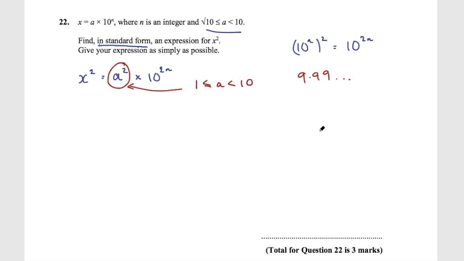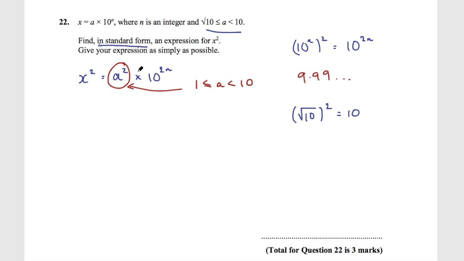So if we just square a, let's say a equaled the square root of 10, if we square that, that would be 10. So if we leave this answer as a squared times 10 to the 2n, this won't be in standard form because this part of the number will not be between 1 and 10, which is a key part of a number being in standard form.